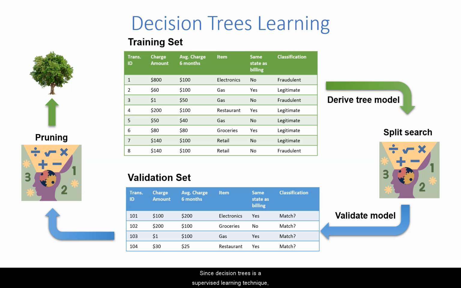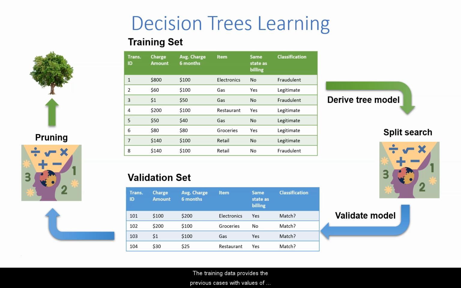Since decision trees is a supervised learning technique, data partitioning is an important step in building a decision tree. The process of developing a decision tree model includes two important parts: growing the tree and pruning the tree. The tree growing process is achieved using the training data set and the split search algorithm, which we will discuss in detail later.